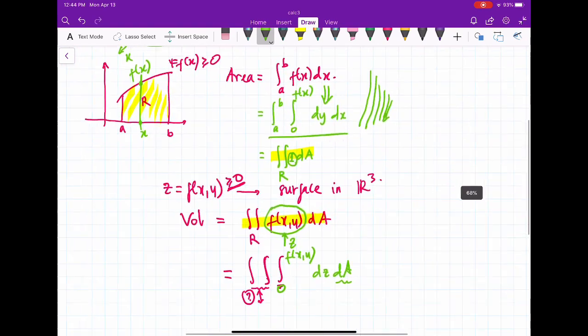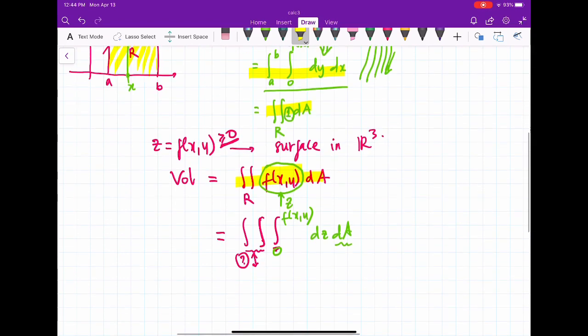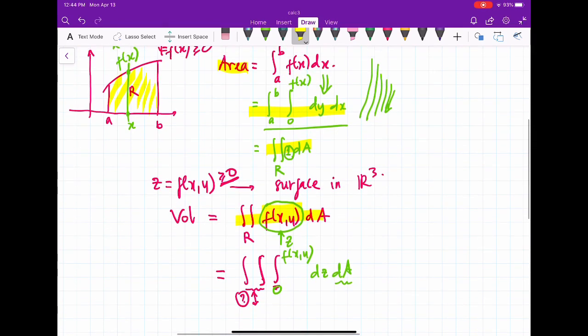Make sense? Look at this. Again, from the area problem, you write in the form of iterated integrals. And if you have function f right here, you have volume. So you may write it in the double integral form like this. Agree?